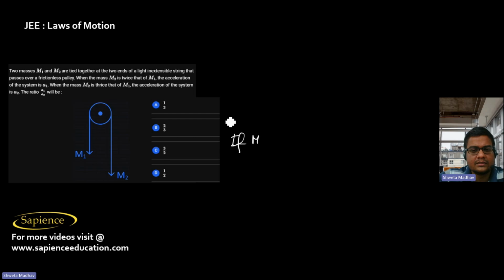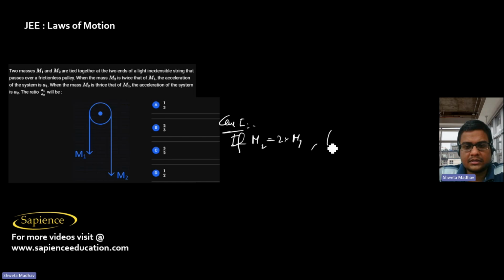The strings are light and inextensible and the pulley is frictionless. In case 1, m2 is twice m1, and the acceleration of the system is a1.